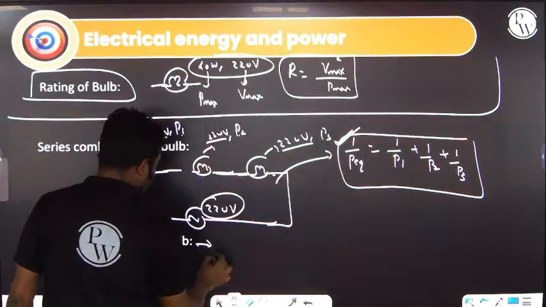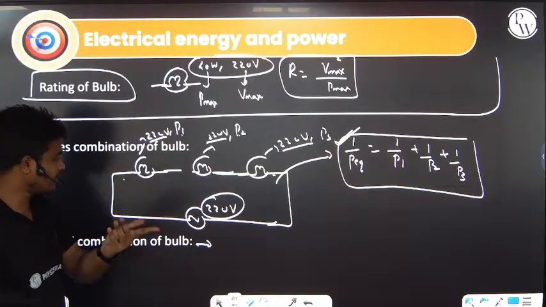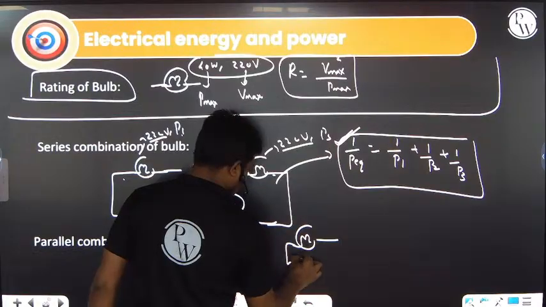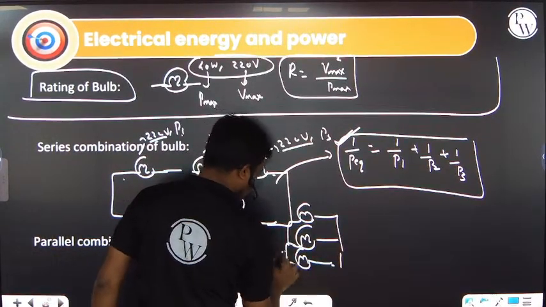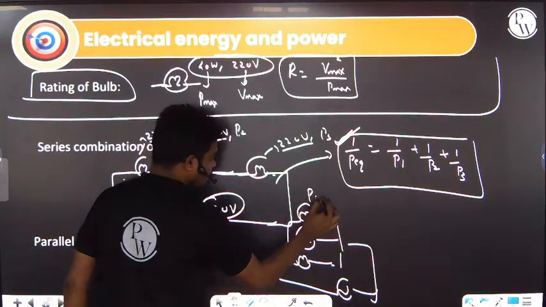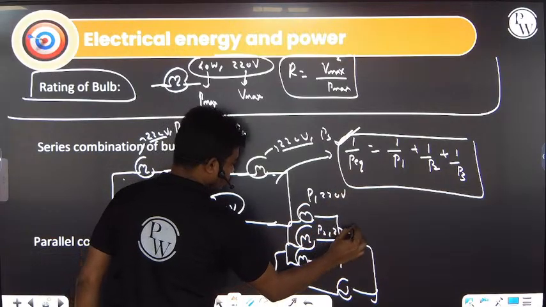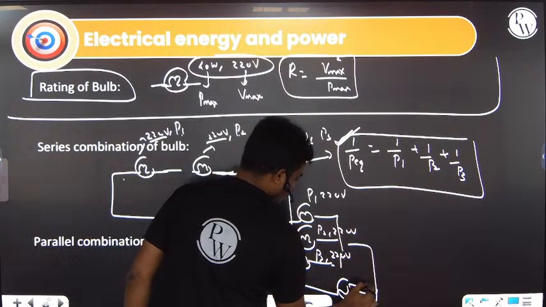Parallel combination: this applies not only for the bulb, for any other cases also we will be applying this. So first, second, and third one. Again, all have the same voltage rating. P1 220 volt, this one has P2 220 volt, and this one has P3 220 volt, and the supply voltage is 220 volt.